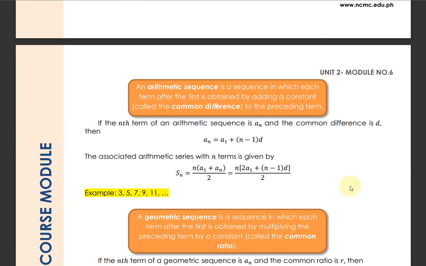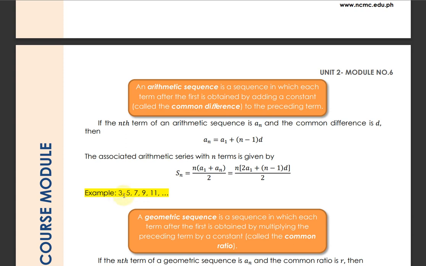First we have the arithmetic sequence. It is a sequence in which the terms have a common difference, that is, by adding a constant to the previous term. For example, we have 3, then the next in the sequence is 5, then 7.